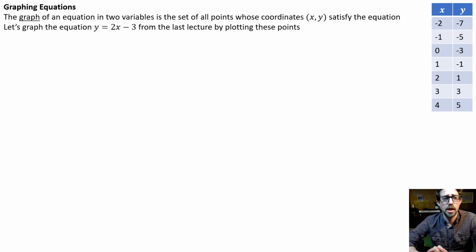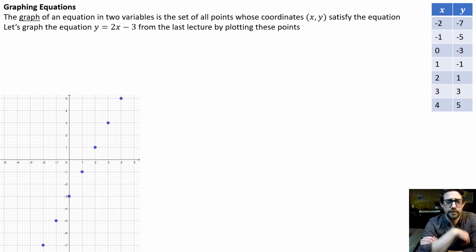So let's start with an equation that we've seen before. In the last lecture, we saw this equation, y equals 2x minus 3, and we just plugged in some values for x, no special values, we just picked some, and we got a bunch of values for y. So let's see what all those points look like when we put them on a coordinate system. That's what they look like.